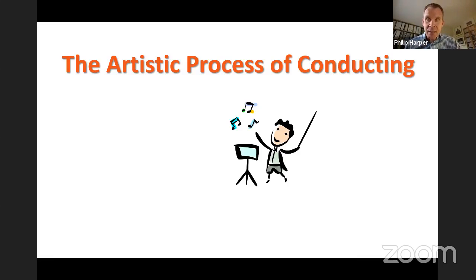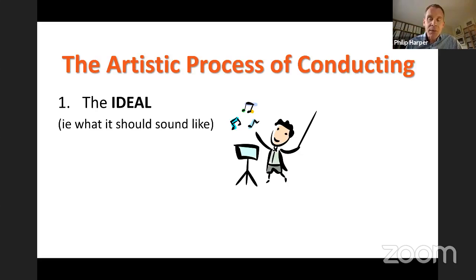So there's the conductor in the middle there. And in my view, the conductor at first should get an idea in his or her head of what the ideal sound should be, by which I mean, what is the ideal performance of this piece, or what is the ideal tone quality of this passage, or what is the ideal speed for this piece.